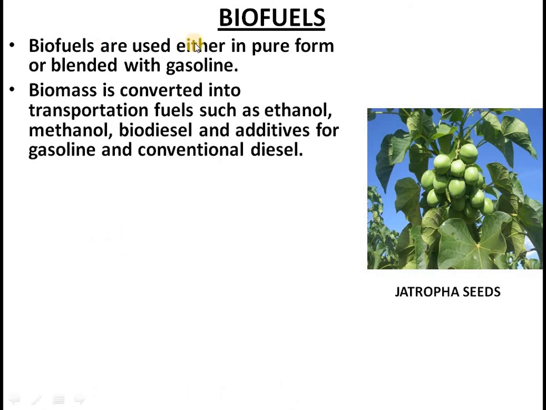So biomass can be converted into transportation fuels such as ethanol, methanol, and biodiesel, or you can use it as an additive. Additive means you can add in small quantity to diesel and petrol. Either you can use pure ethanol, or you can add this ethanol into petrol and make combustion, in certain combinations.